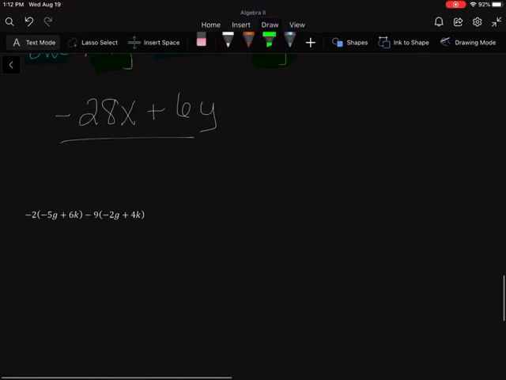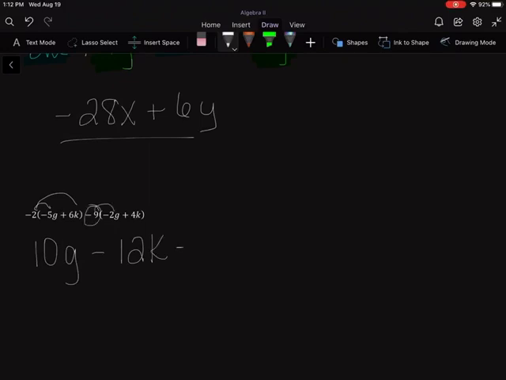One more here. Again, must distribute. That's negative 2 times negative 5 is 10g. Negative 2 times positive 6 is negative 12k. Negative 9 times negative 2g is positive 18g. And then negative 9 times positive 4k is negative 36k.